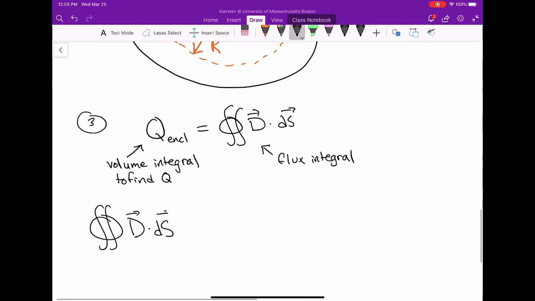We will start by assuming that D has the form r hat times D, which is a function of r.